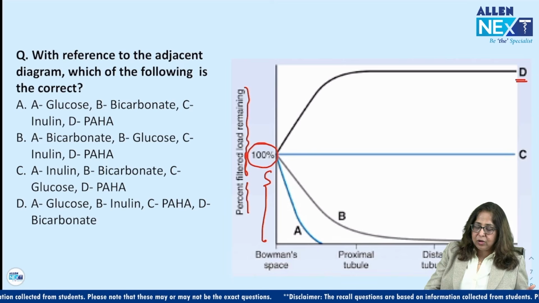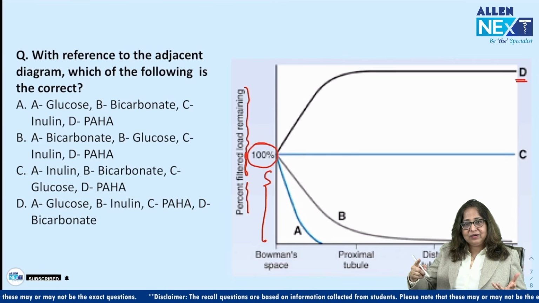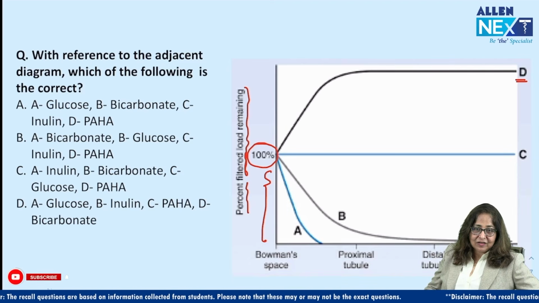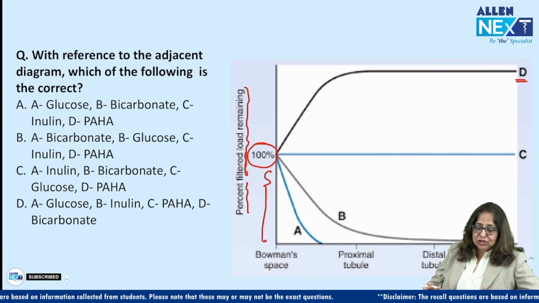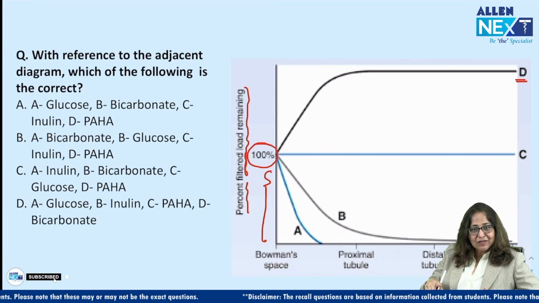But if you look at D, along the nephron the amount of the substance is in fact increasing. So along with filtration, this substance is probably being secreted as well. Have you got my point?